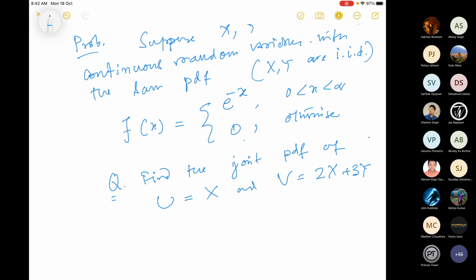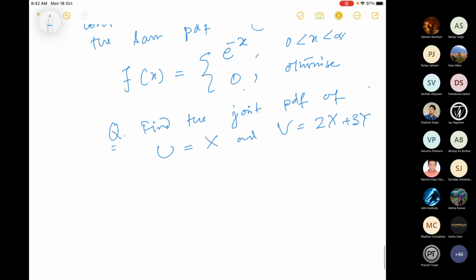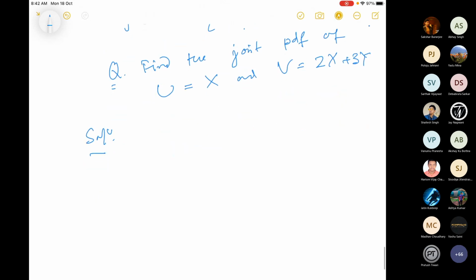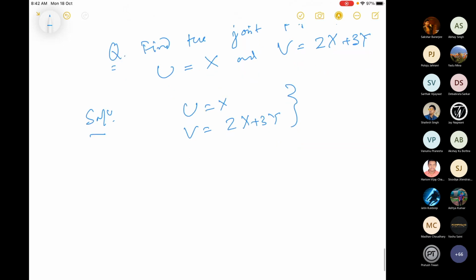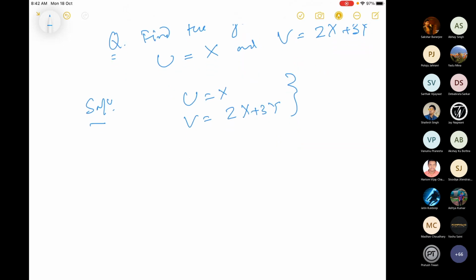Let us see. These two functions are given: u is equal to x, v is equal to 2x plus 3y. We first have to express x and y in terms of u and v. So this implies x is equal to u, and v is equal to what?